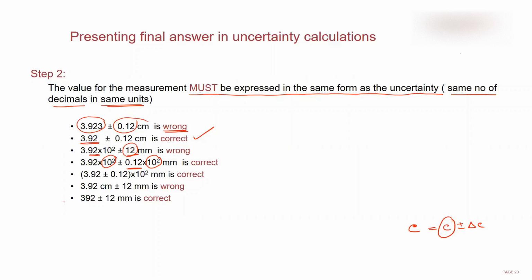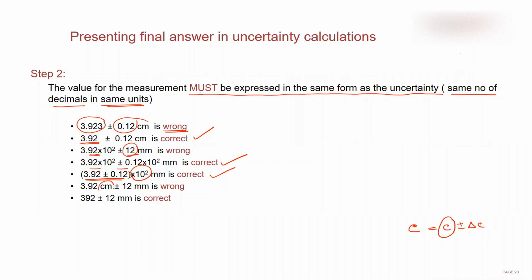Now both are in the same form. Both have 2 decimals in that number. So this is right. For this previous one, we can take this 10 to the power 2 out. If we take the 10 to the power 2 out, again, we can write it like this. Both have the same number of decimal points. So this is right.